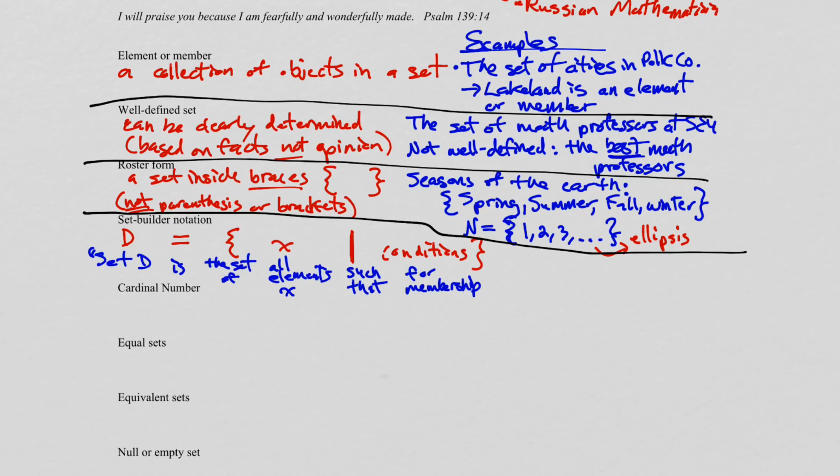So an example that we could use would be, let's say, set E. So this reads: set E is the set of all elements X such that X is a natural number, a member of the natural numbers, and is greater than 10.